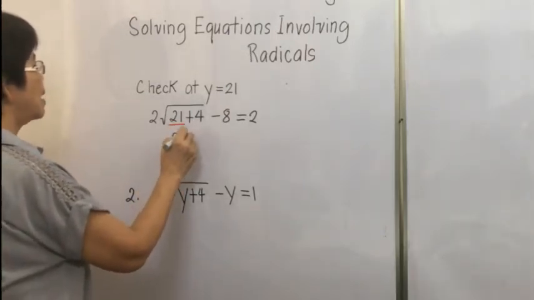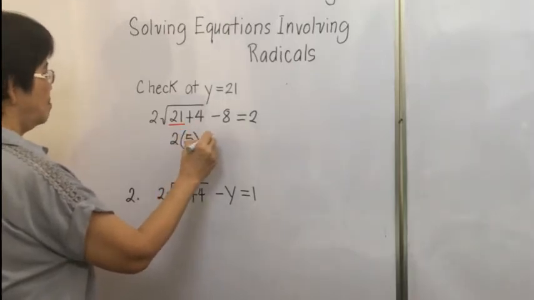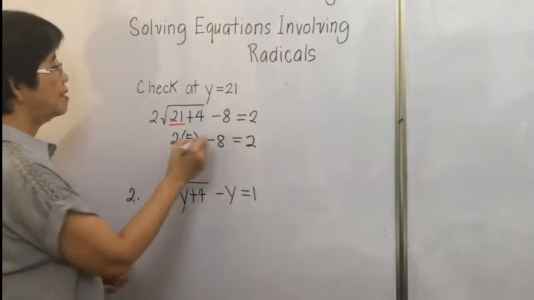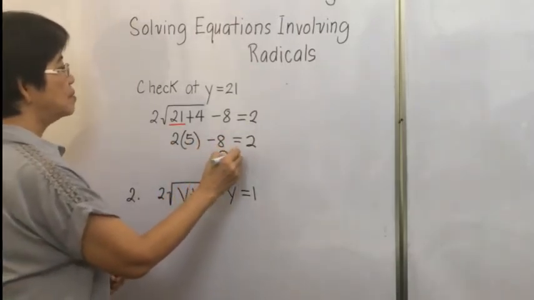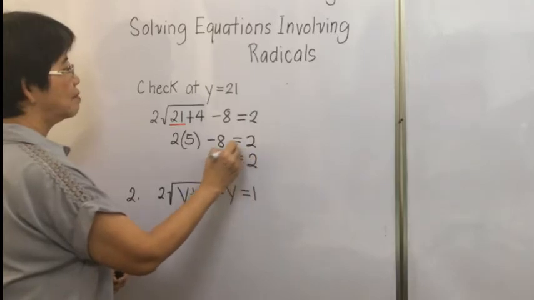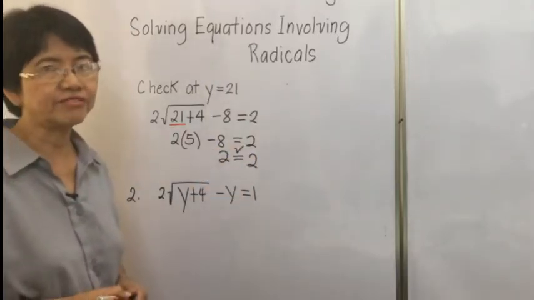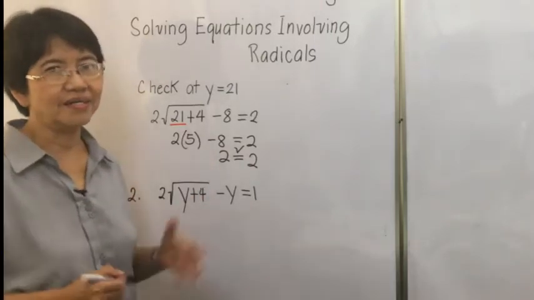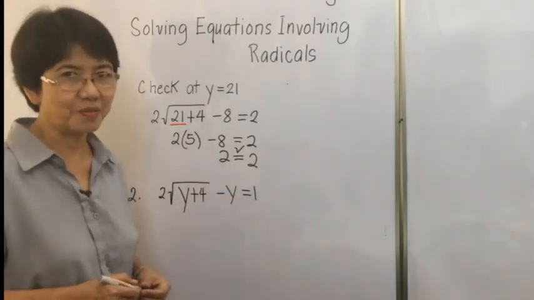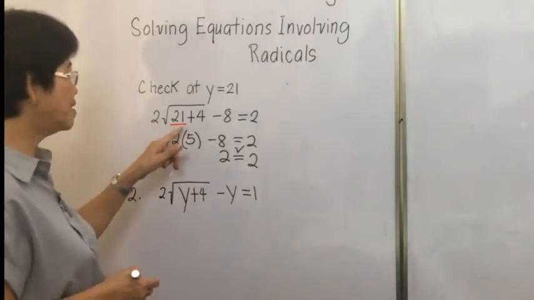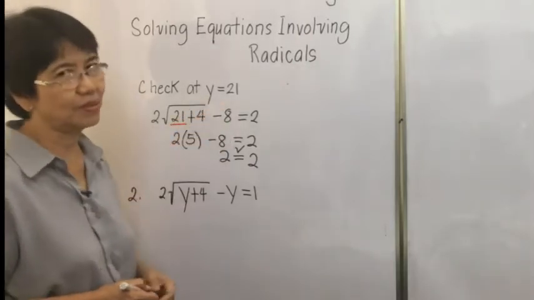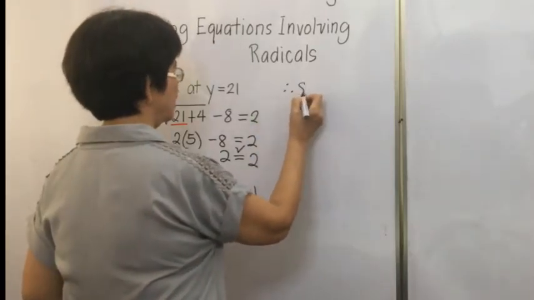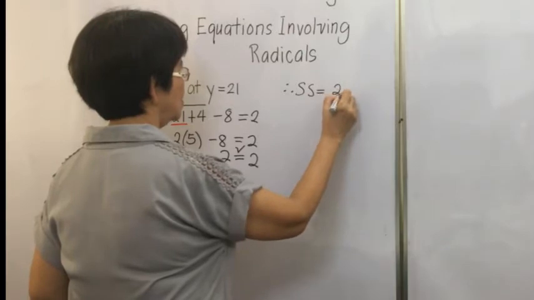So we have 2 times 5 minus 8 is equal to 2. So 10 minus 8 is equal to 2, and 2 equals 2. When the left side is equal to the right side, then you are able to satisfy the equation. And therefore, we will accept this value y is equal to 21. Therefore, the solution set is 21.